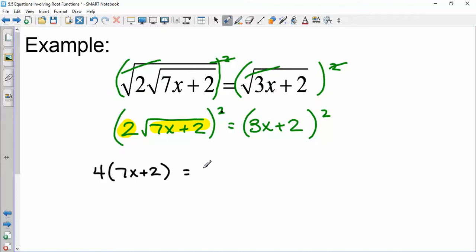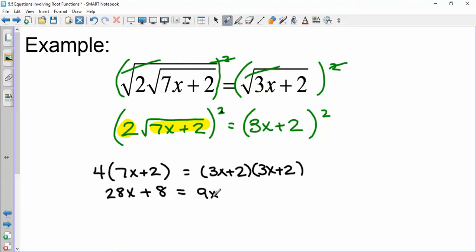Then on the right, what are we going to have to do? FOIL that. 28x plus 8 over here. And then FOIL, we get 9x squared plus 6x and plus 6x is a 12x plus 4.